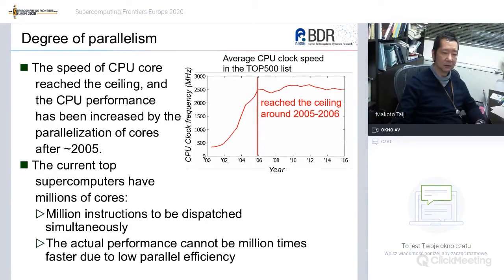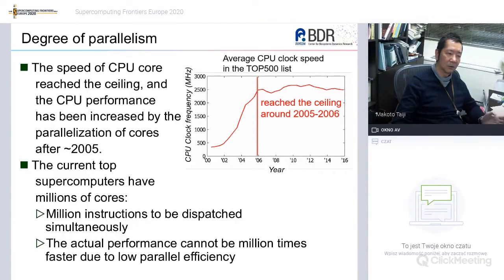As you may know, the speed of CPU cores reached a plateau already about 15 years ago, around 2005 or 2006. After that, the clock speed became almost constant, and performance gain has been achieved by parallelization of cores.